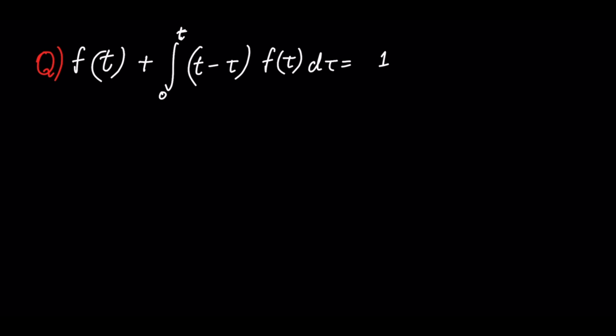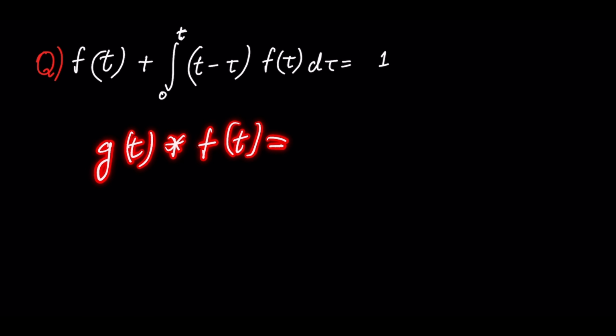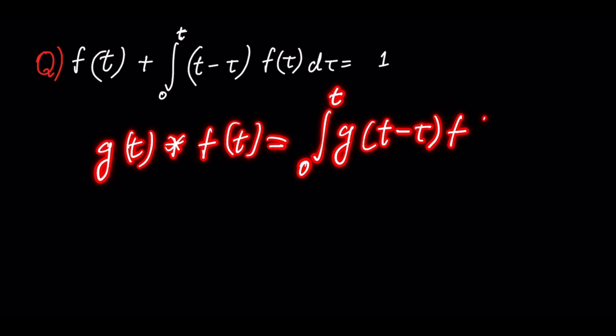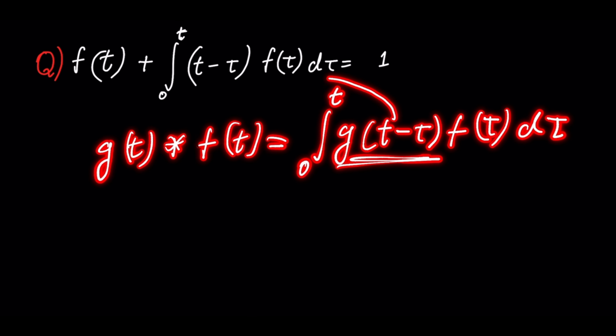Now, if we apply the convolution theorem here, then we know that g of t asterisk f of t is equal to the integral from 0 to t of g of t minus tau, f of tau, where g of t minus tau is this one, and f of tau is this one.